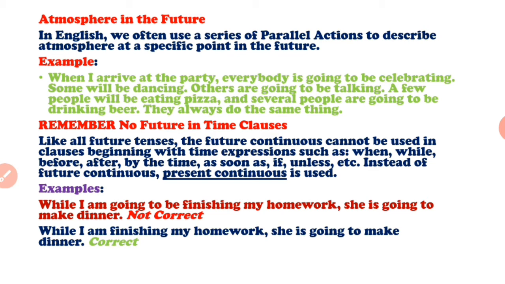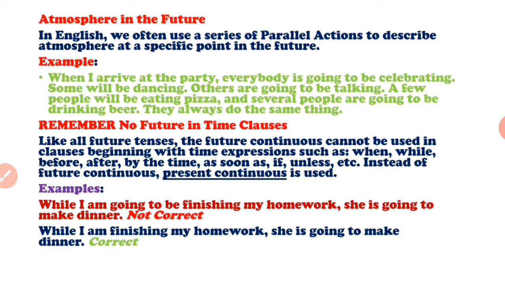Check it. Another time I have used here present continuous tense. But here is not only present continuous tense. You can check here going to be talking. Going to talk, very simple. Going to be talking. It means this sentence is very similar to future continuous tense.